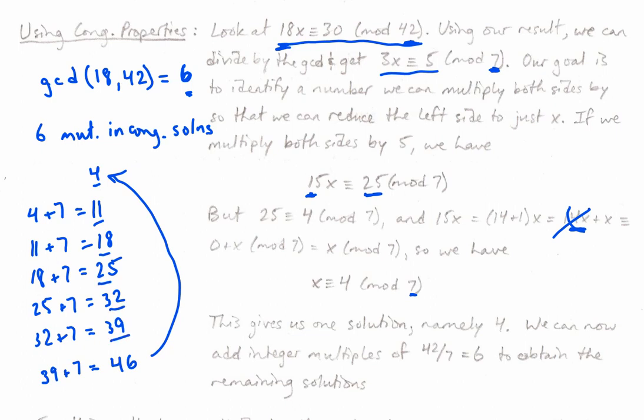Those are all of our mutually incongruent solutions to this particular linear congruence. And you can verify each of these. You could take each of 4, 11, 18, 25, 32, and 39, substitute each of those guys in for x in the original equation, and you would find that the congruence does indeed hold.